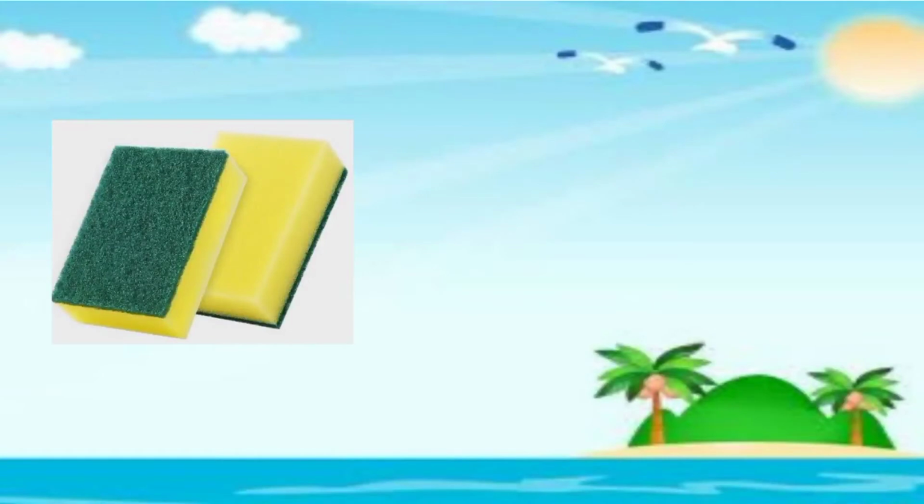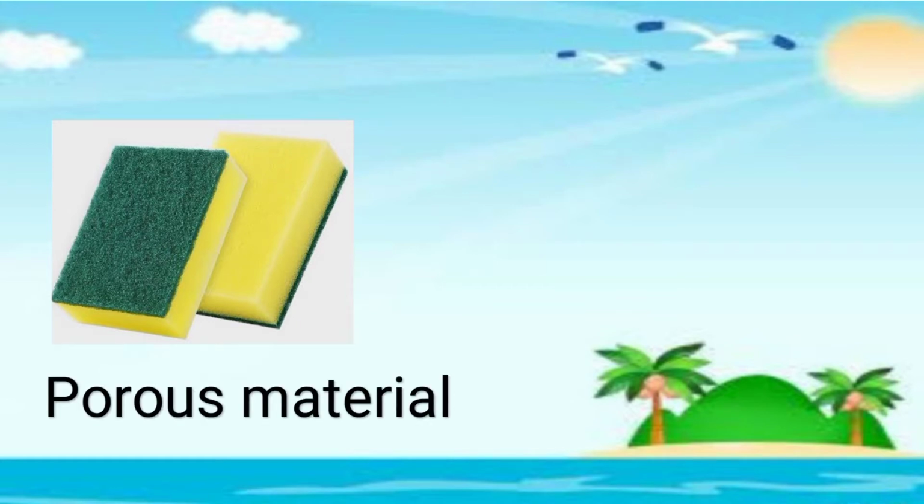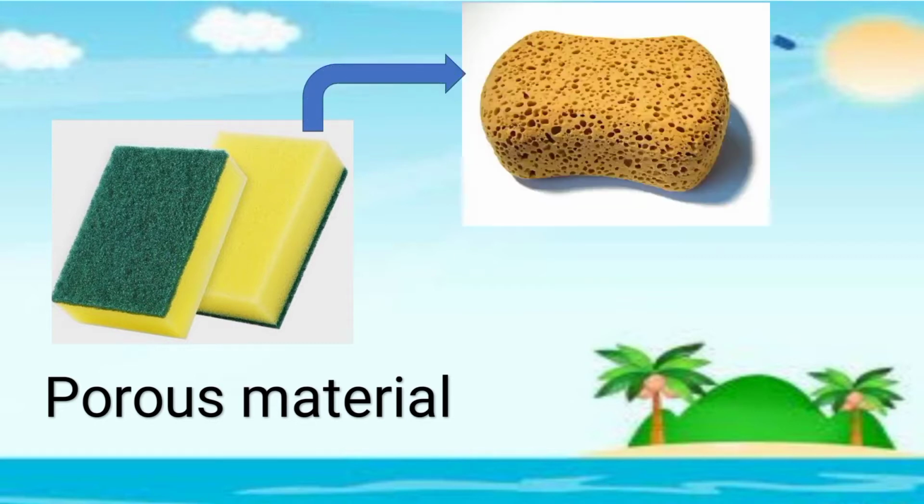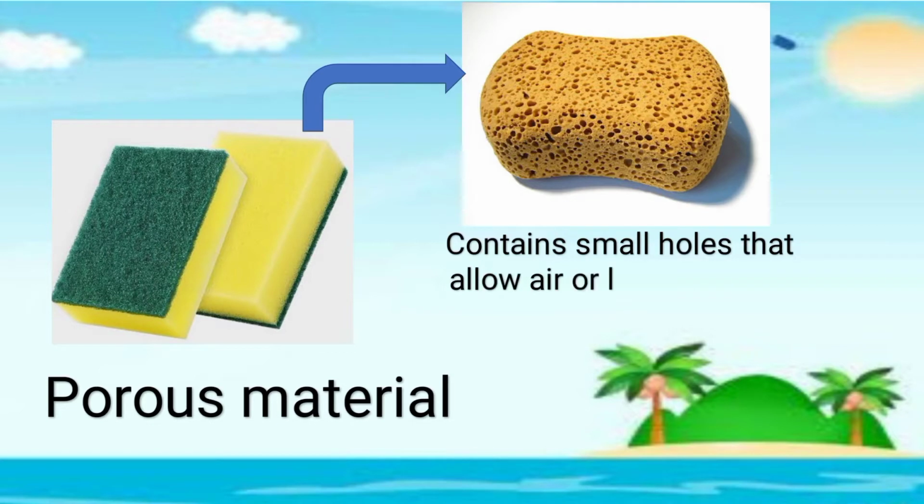It's amazing! The sponge is the material that absorbs water. It is an example of porous material. Porous material contains small holes that allow air or liquid to pass through, so they absorb water.